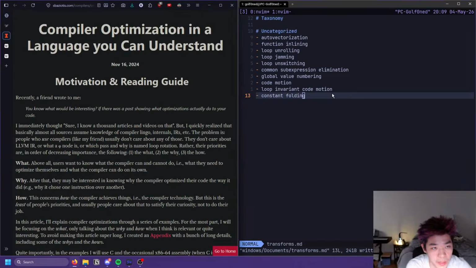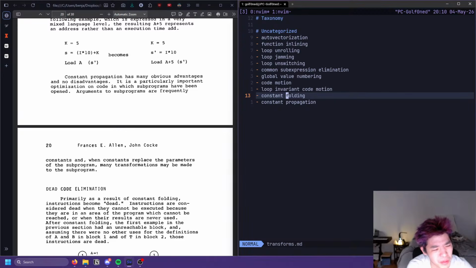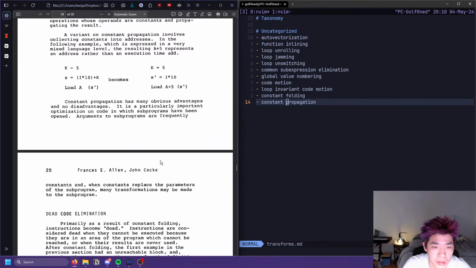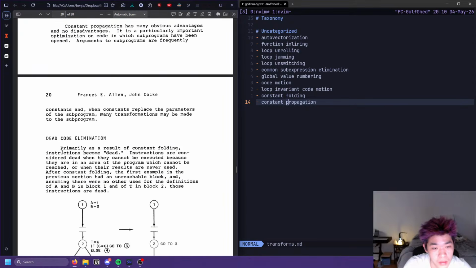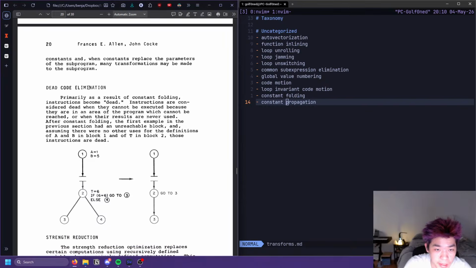I know I'm staring at Wikipedia, but I've always understood them as distinct. I think I have both actually, to be honest. I might not do constant folding yet. I don't remember. I think I do both. But yeah, they seem pretty distinct to me. Okay. Dead code elimination. So this is like its own little category.